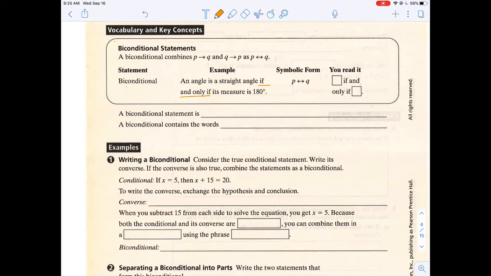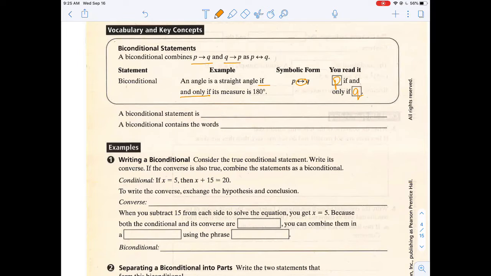The if and only if tells us that we can write the statement both forward and backwards. They write it P with a double arrow Q, and it's read P if and only if Q. So the if and only if is the important part of a biconditional statement. It's what makes it a biconditional statement.